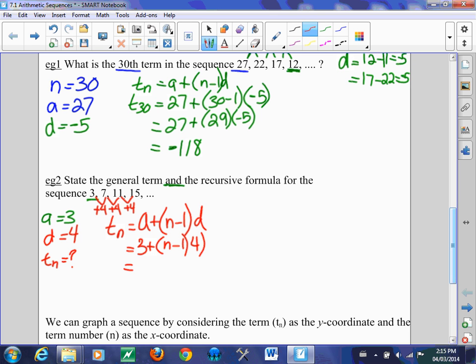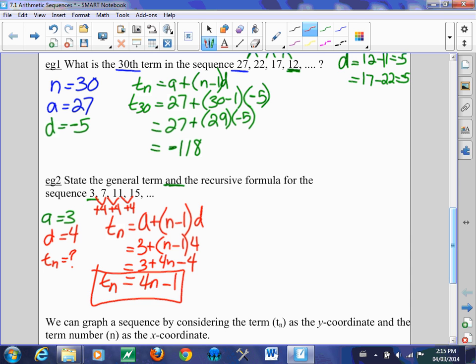Let's simplify that: 3 plus 4n minus 4. Collecting like terms, you're going to have that it's 4n minus 1. So that's the general term. That's what they're looking for right there.